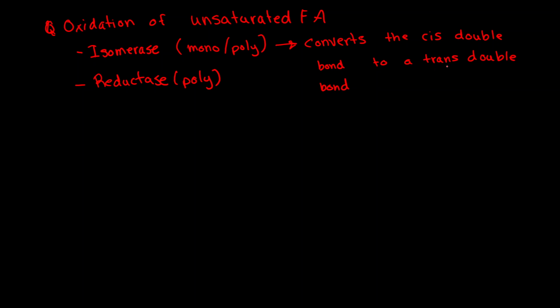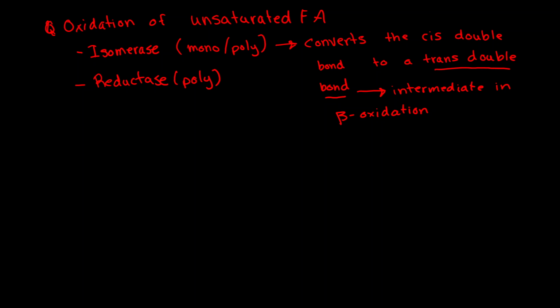The trans double bond that it converts it into is actually an intermediate in beta oxidation. Remember that I said that our body has trouble handling trans isomers of fatty acids? Well, that's not 100% true. That was a slight lie.